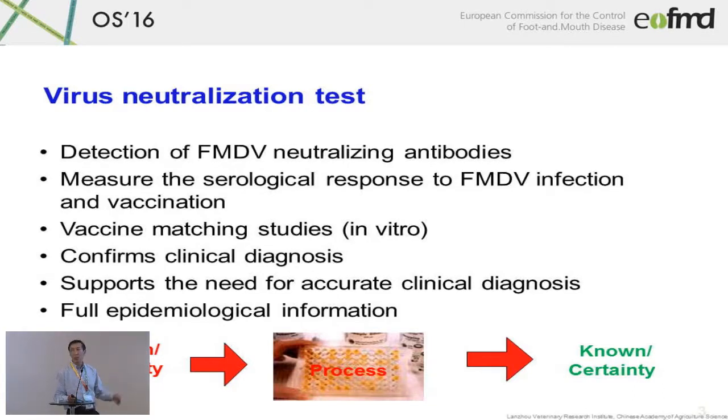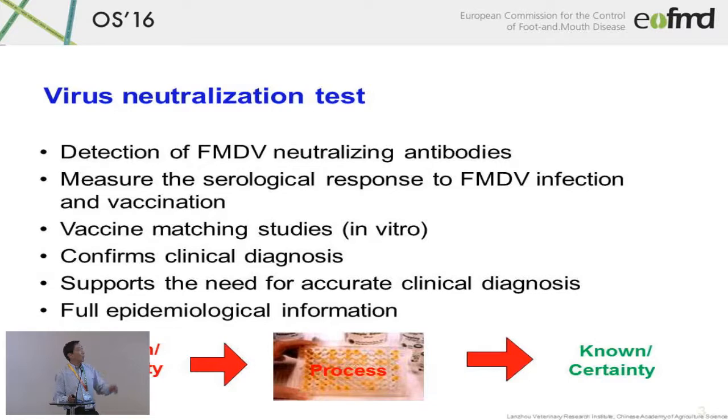Probably the VNT is the most recommended method for this work. I also mentioned that VNT is quite widely used for the FMD vaccine matching test in vitro, so we heard quite a lot about this over the last 2 days.